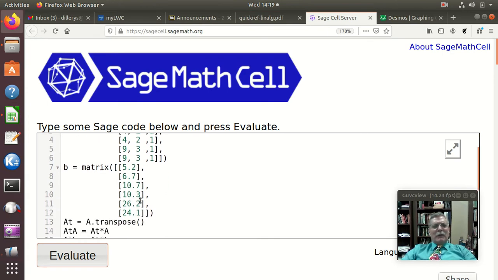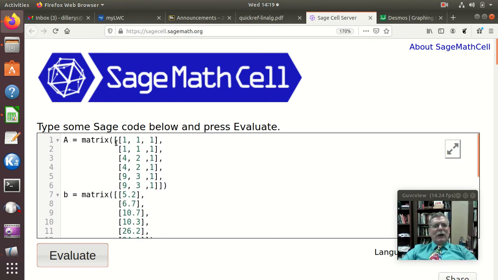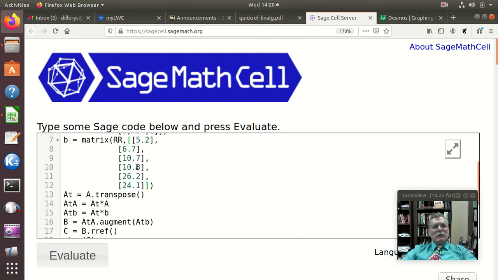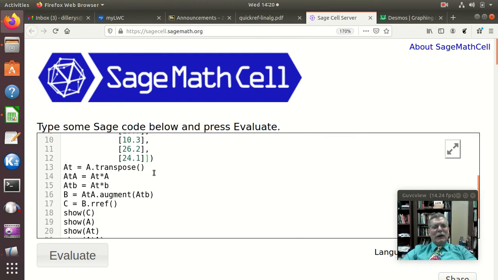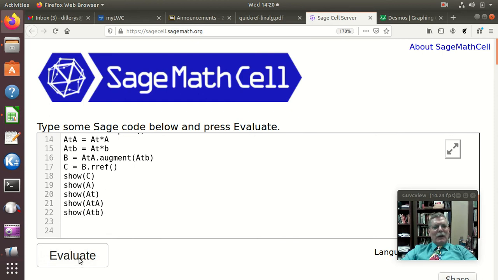One, since I'm thinking of these as real numbers, let's try doing RR for real. And here we do RR for real, so I'm specifically telling it what kind of matrix this is, what these entries should be thought of. And so let's evaluate, and oh, it was much happier.